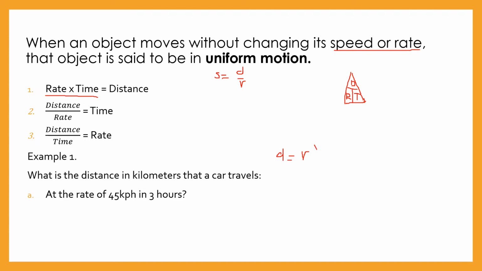Rate, we will use the parenthesis kasi ang x hahanapin na naman natin mamaya, kaya hindi pwedeng gamitin si x dito. So, we have ano yung rate niya? 45 kilometer per hour times yung 3 hours niya.